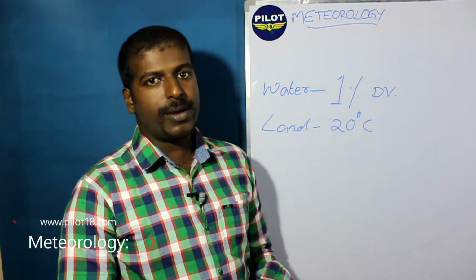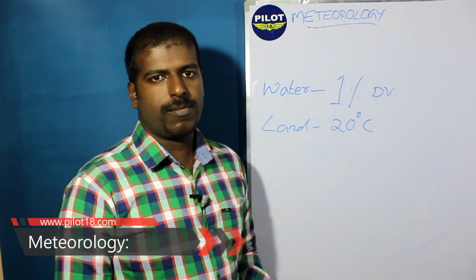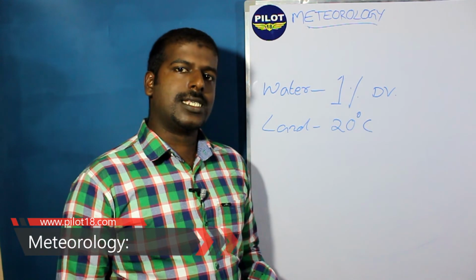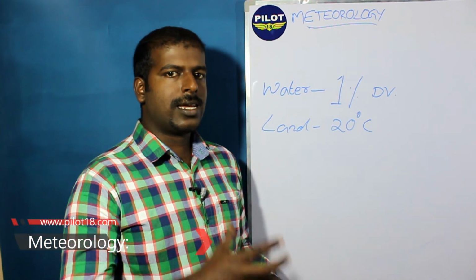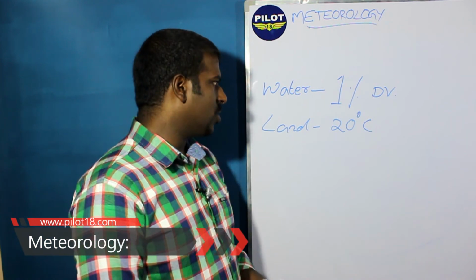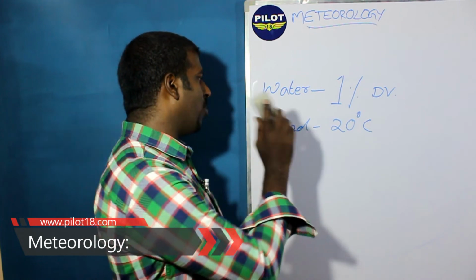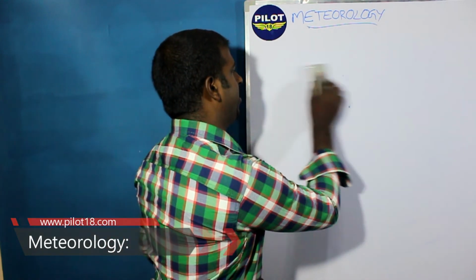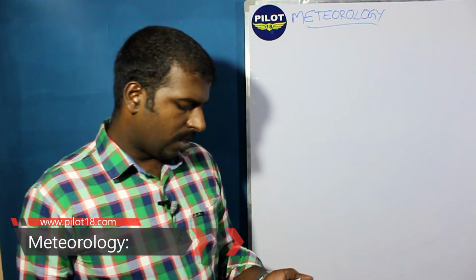That means a large increase or decrease can happen over land. Why? Land gets heated up easily and cools down faster also. Land can exchange heat faster. So diurnal variation of temperature is more on land than in water. And the difference is so steep also.